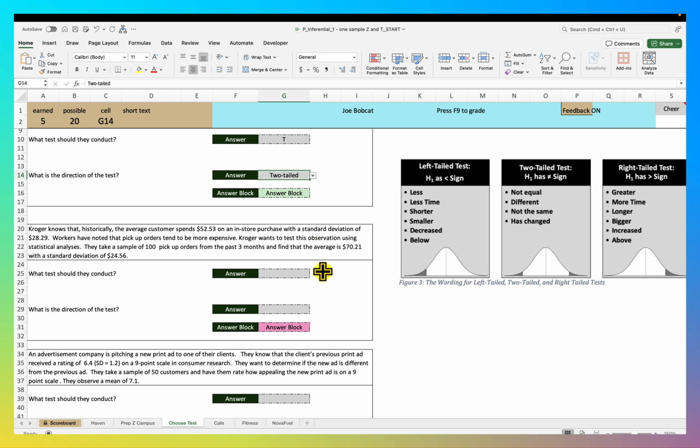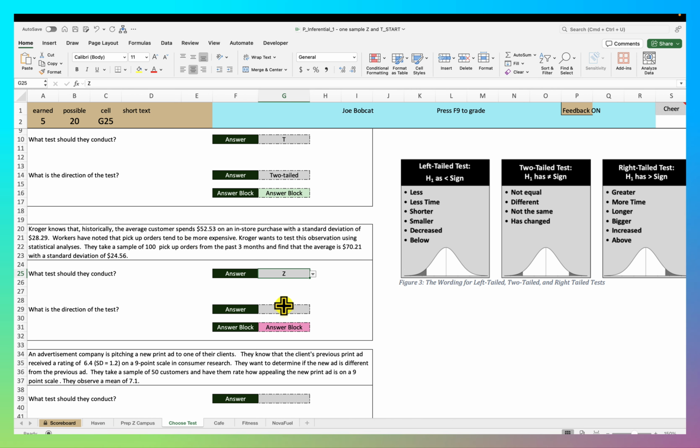Okay, Kroger knows that historically the average customer spends $52.53, with a standard deviation of 28.29. So now we have the standard deviation, so we know right away that's a Z. Pickup orders are expected to be more expensive, so they're looking to see if it's more expensive.